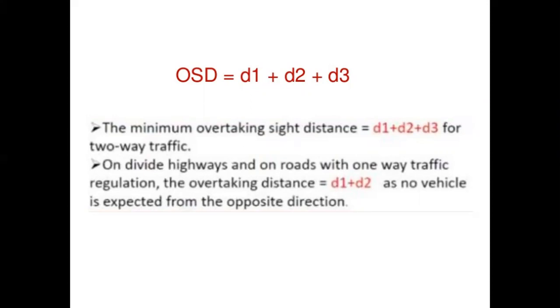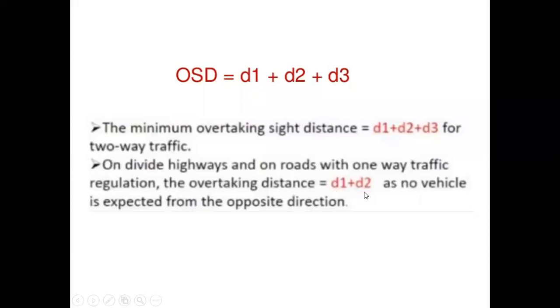A divided highway has a median. So when a median is there, what is happening? You yourself think, is there a necessity to bother about the vehicle coming from the opposite direction? You will overtake, that is fine, but do you really have to bother about opposing vehicles? No. So what will happen to the overtaking distance?